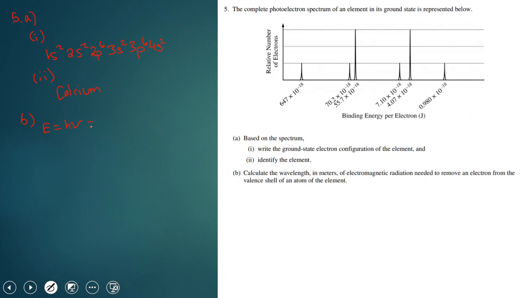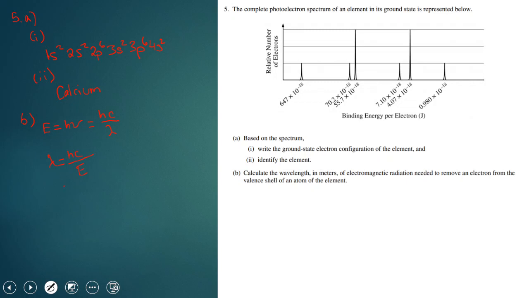We can also express v as being c over lambda. So it's Planck's constant times c over lambda, lambda here being the wavelength. And so what do we get? Well, lambda is equal to Planck's constant times c over E.